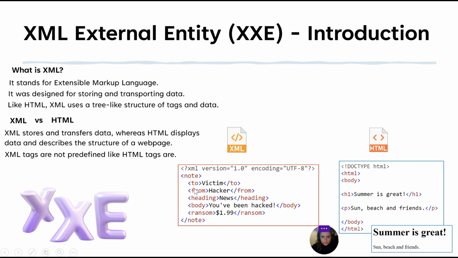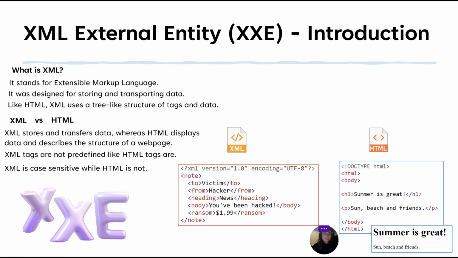As long as the beginning and the ending are the same, everything is fine. In contrast with HTML, where they have predefined tags. So we have the body, where we have H1 for the title, P and everything. So this is predefined.